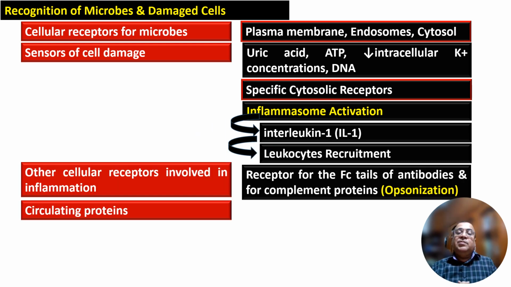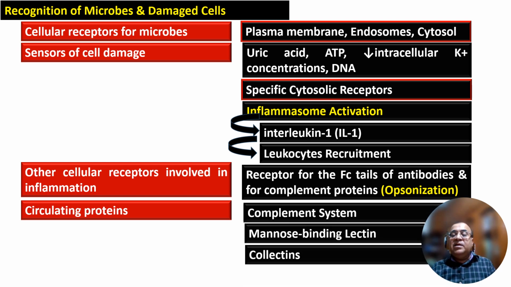Then there are other cellular receptors that directly recognize the microbe: receptors for the Fc tail of antibodies and for complement proteins. They opsonize the microbe or invading agent and make it palatable for the body's immune response.